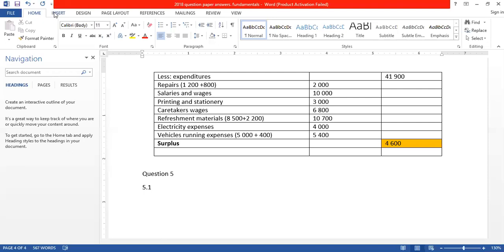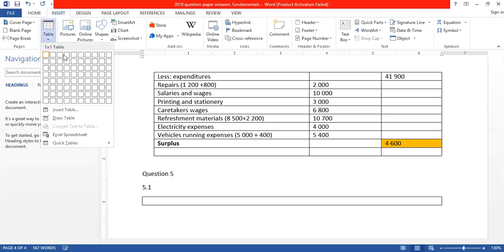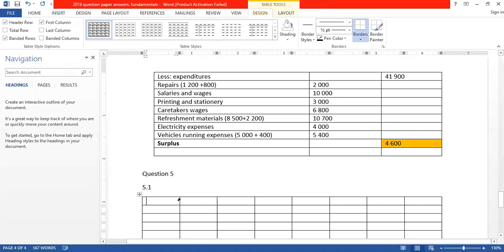It's drawn up just like any other ledger in accounting, so I'm quickly going to draw it up.